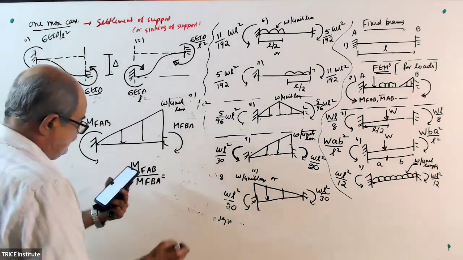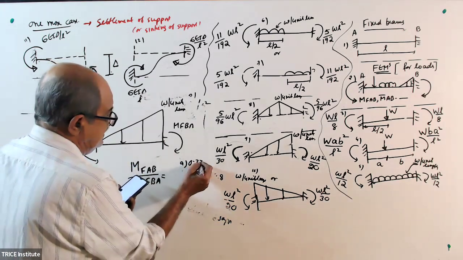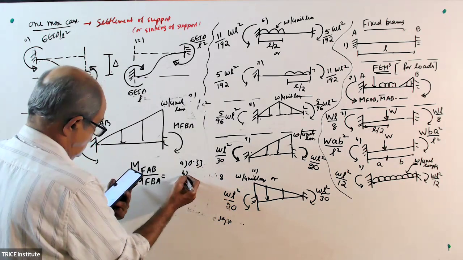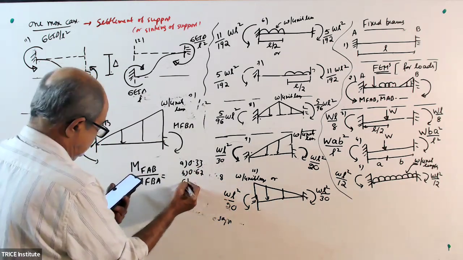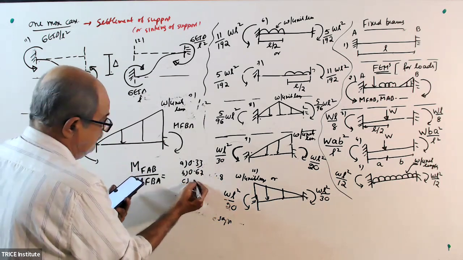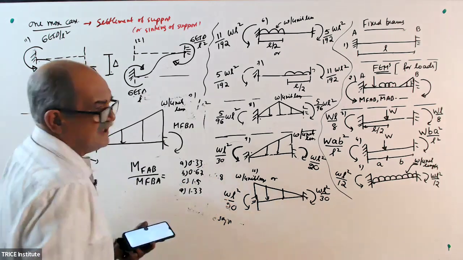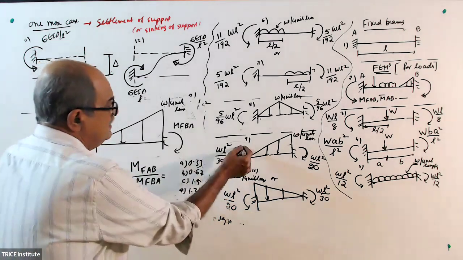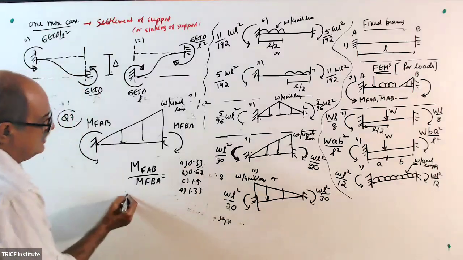Options are A 0.33, B 0.67, C 1.5, D 1.33. They want the ratio of this one to that one.